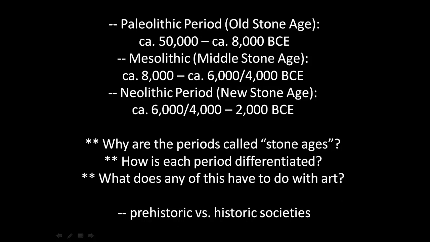Now the next question is, how is each period differentiated? Why do we divide these up? Why can't we just refer to this as just the Stone Age? We divide it up because we have very different living conditions for humans in the two periods, Paleolithic and Neolithic. In the Paleolithic period, man was primarily nomadic.